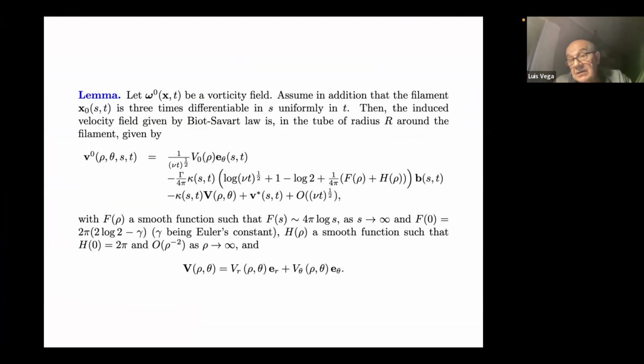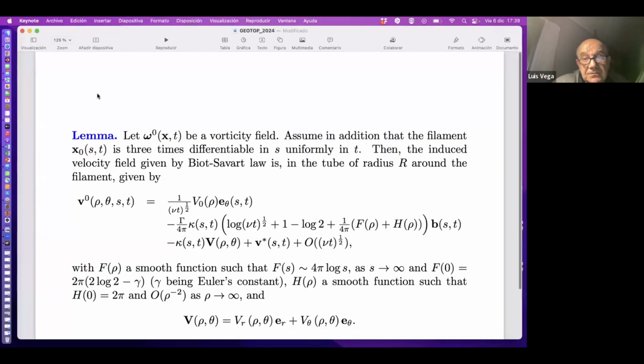All right, so once I have this, I tell you what is the velocity, and this is the second result. In this result, what I am saying is what is the velocity associated to the vorticity we saw before. Again, I have several terms. Now the leading order is moving in E theta, which, remember, is just saying that it is rotating along the filament, and the V naught of rho that I wrote before, and you have to put the convenient scale.